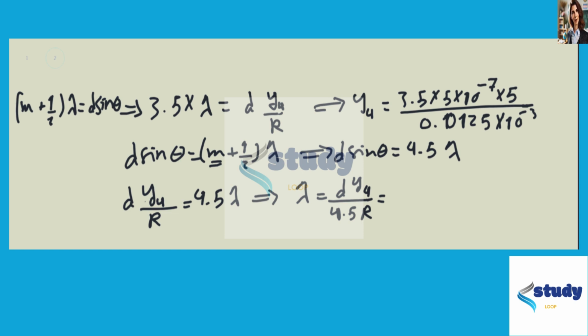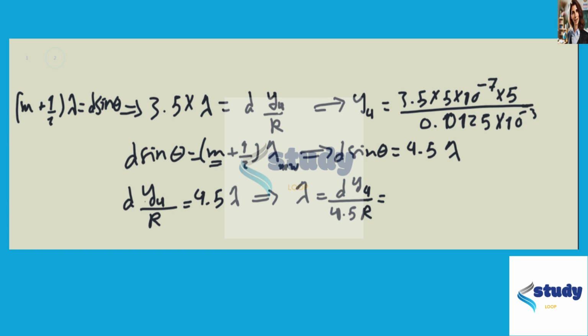And then for the new wavelength, we will have the same condition again because it's a minimum. So d sine theta is equal to m plus half times lambda nu. But now because this is the fifth order, m will be 4.